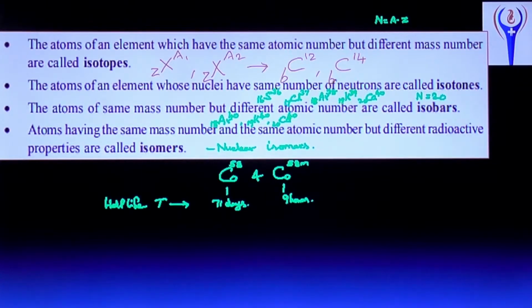Hydrogen H-1, protium. H-2, what is it? Deuterium. And H-3. These are examples for isotopes. Same atomic number 1 but different mass numbers 1, 2, 3. Same way for carbon, same atomic number 6 but different mass numbers 12, 14.